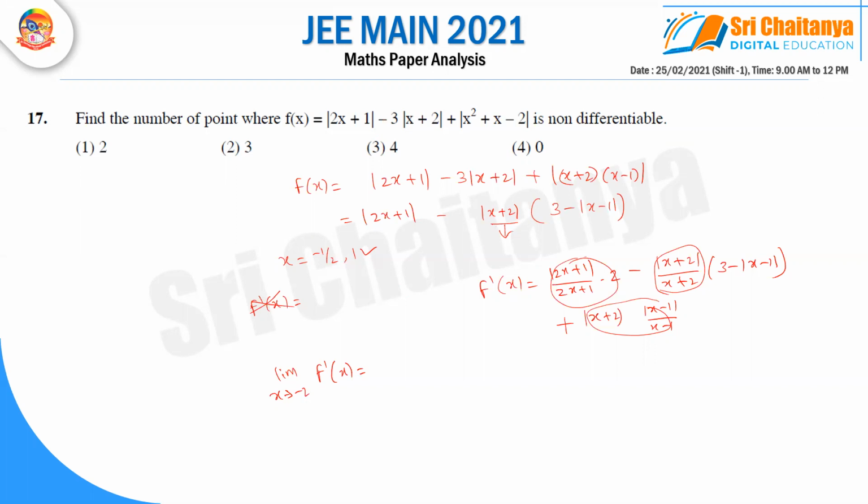But if you see properly, when x tends to minus 2, what is the value of this? 3 minus modulus of minus 2 minus 1, which is nothing but 0. So it is 0 into signum function. So you are getting some finite, fixed value. So this limit exists. So we can't consider x equal to minus 2 as a point of non-differentiability.